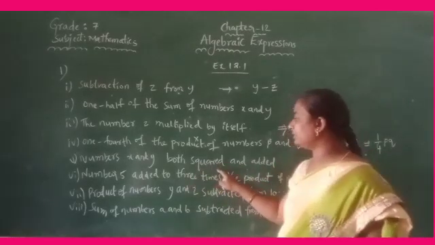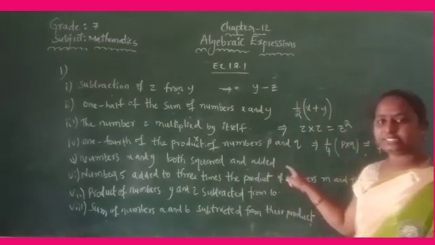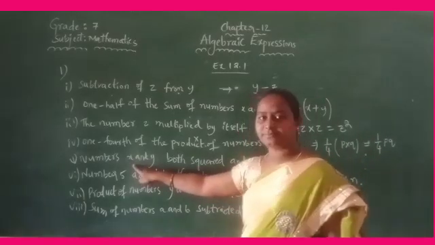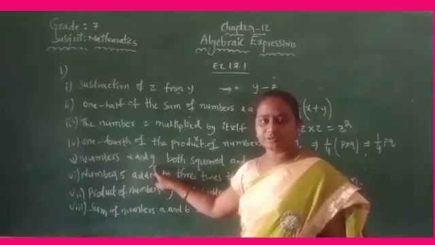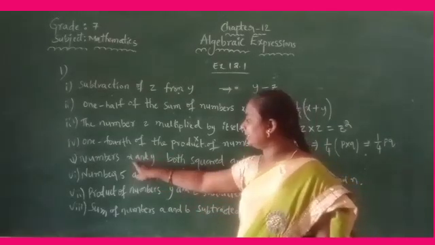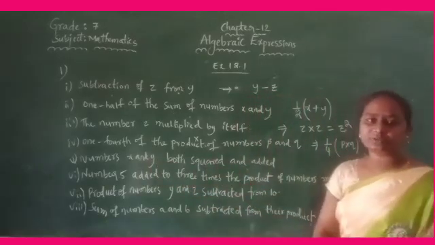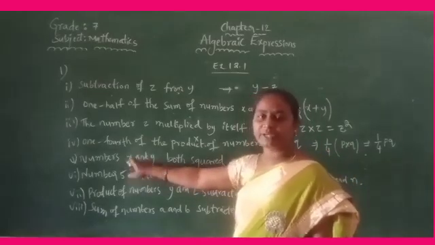Numbers x and y both squared and added. See the next statement, fifth one. Numbers x and y, these are the unknown numbers. Both squared. Squared means how many times multiplied? 2 times.